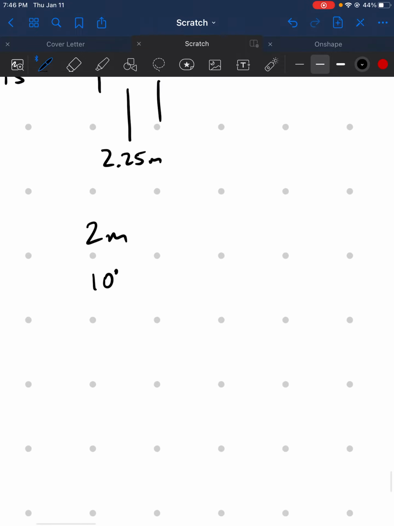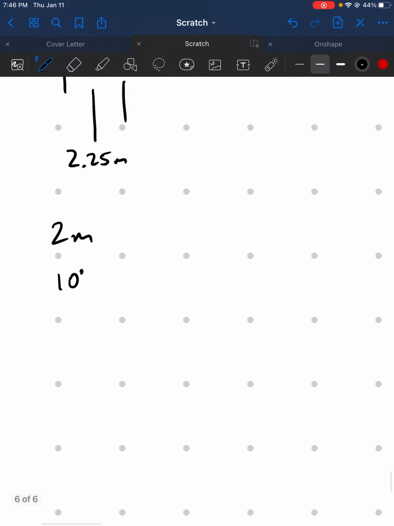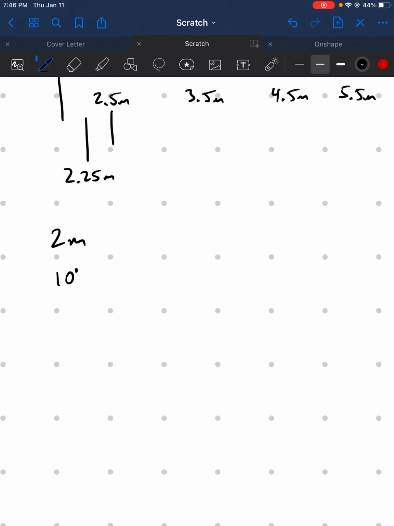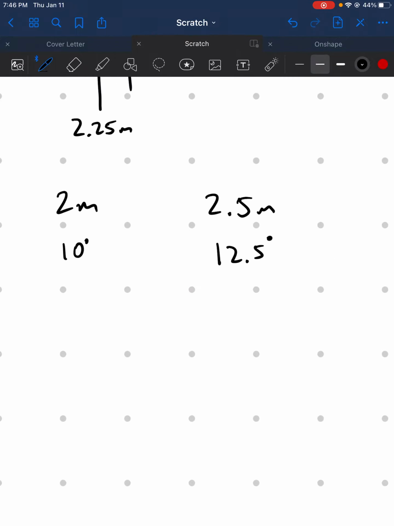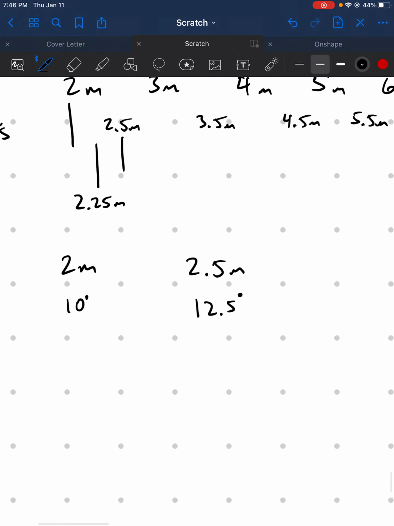So, yeah, 2 meters is 10 degrees. 2.5 meters is 12.5 degrees. That seems like a pretty big jump. So again, we should talk about this a little more.